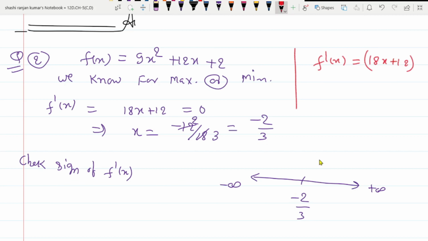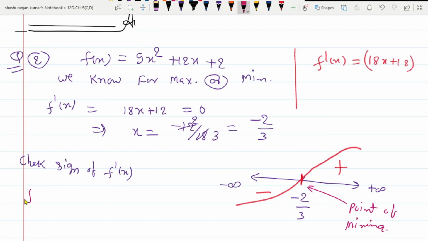So it is positive, means this side it is positive and this side negative. So x is equal to minus 2 by 3 means this is the point of minima. Got it or not? Point of minimum. Got it?